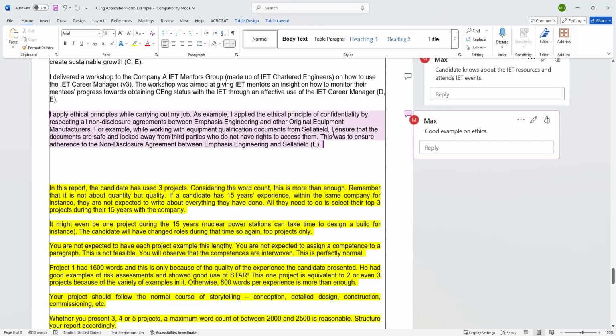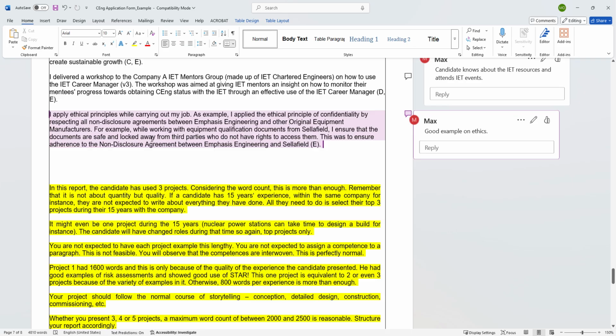And the comment here is, this is a very good example of ethics. The candidate applied the ethical principle of confidentiality by respecting all non-disclosure agreements between the companies.